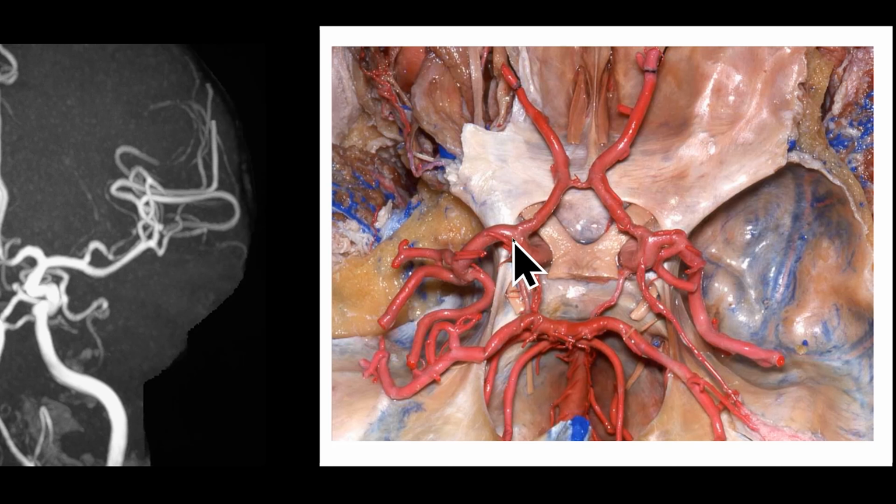The left internal carotid artery sends off a posterior communicating artery, which then links up with the posterior circulation. The right internal carotid artery circulation does the same thing, a posterior communicating artery to the posterior circulation.